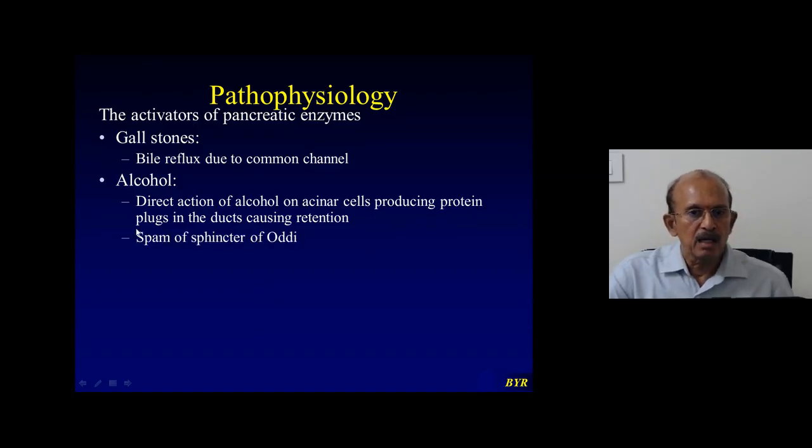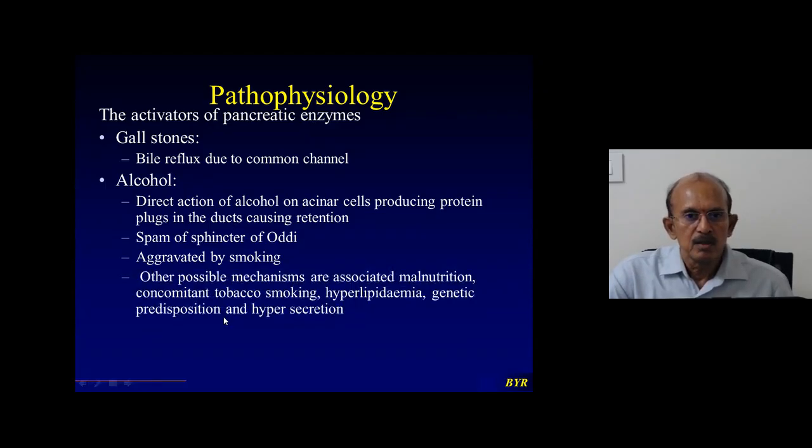Again, alcohol can cause spasm of the sphincter of Oddi, and the sphincter spasm can last for a very long period. So the sphincter contraction can lead to reflux of bile into the common channel again. These changes are aggravated by smoking. Usually an alcoholic patient will have the habit of smoking also. So when both are there, the problem is very high.